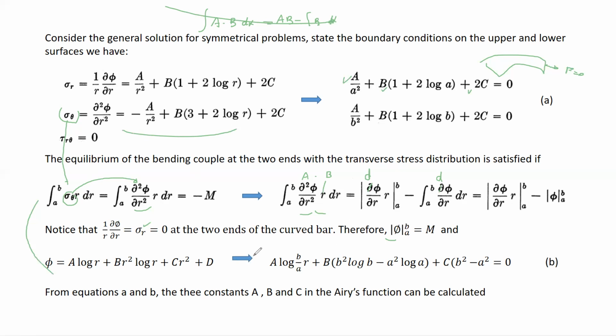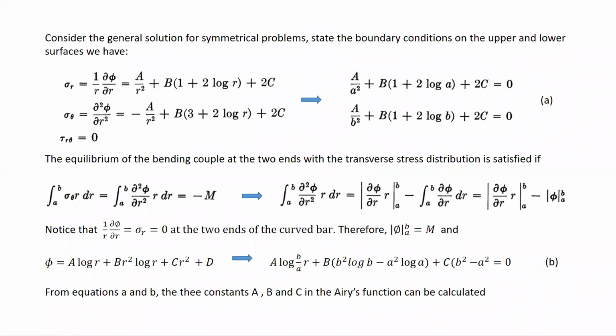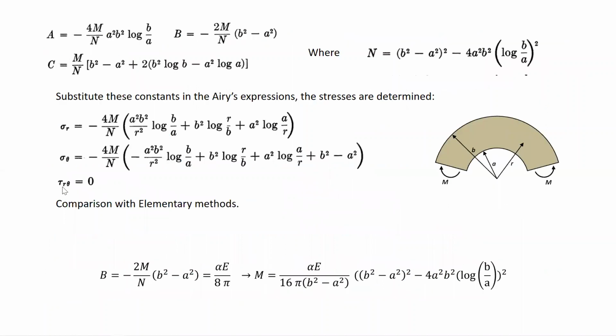At the end of the day, we have three equations. One is this, two equations here, three unknowns. We solve for the three unknowns, and eventually we get the constants A, B, and C. Substitute that into equations of the stress. Eventually, the solutions are given by these equations.